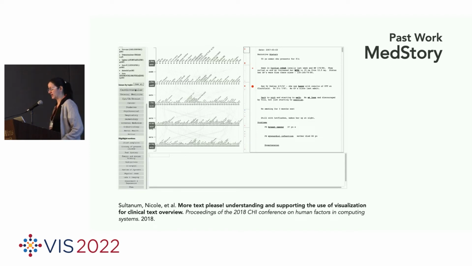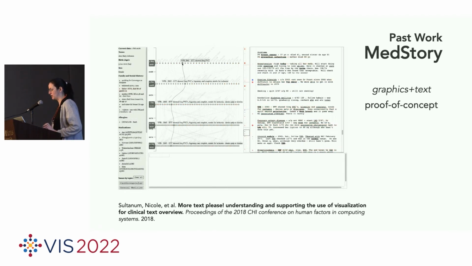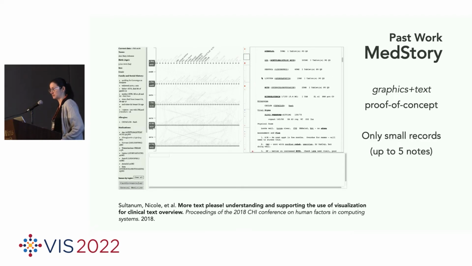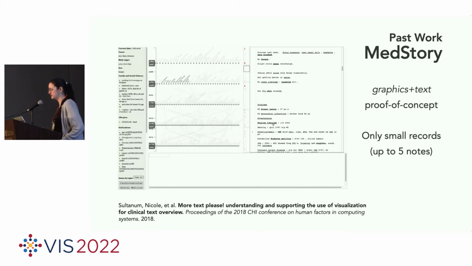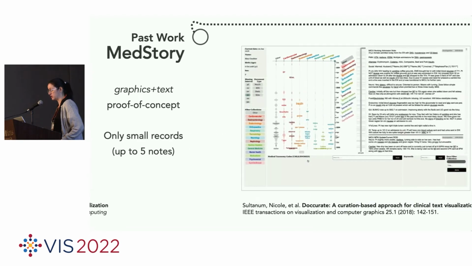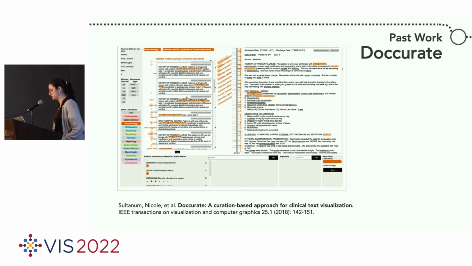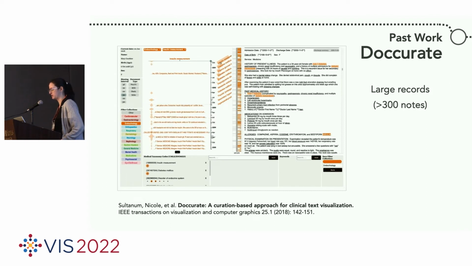This was published at CHI, and it was when we first pushed for this graphics and text approach in medicine, with a small-scale prototype that mixed graphical elements and text in different ways, as you can see here. But it only supported a small number of notes at a time. After that, as follow-up work, we published Docurate, another clinical graphics plus text solution supporting much larger patient records.